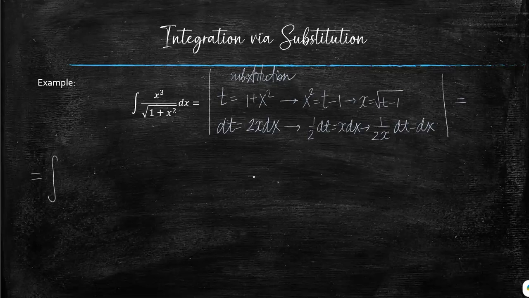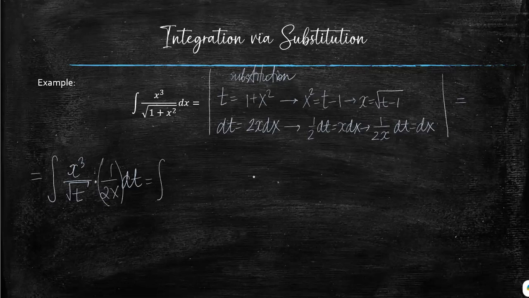So instead of x cubed, well, I don't have anything for x cubed, but I do have x, so in the meantime, you can still write it as x cubed. That's not the goal. You can substitute everything in stages. So let's write x cubed as x cubed. In the denominator, we're going to write square root of t. And now instead of dx, I'm going to write 1 over 2x dt. The goal is to get rid of all the x's.